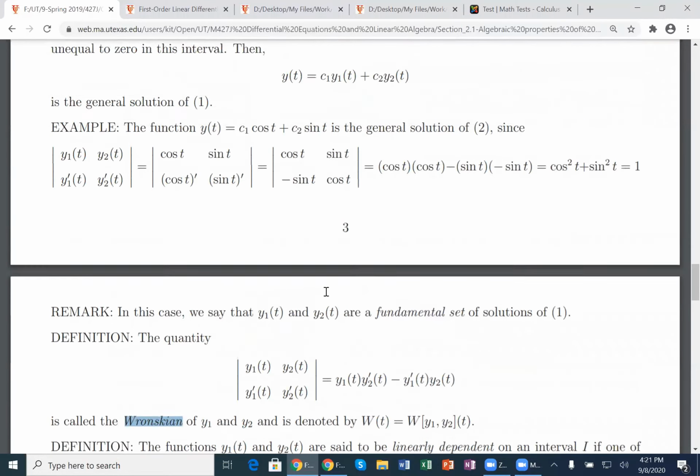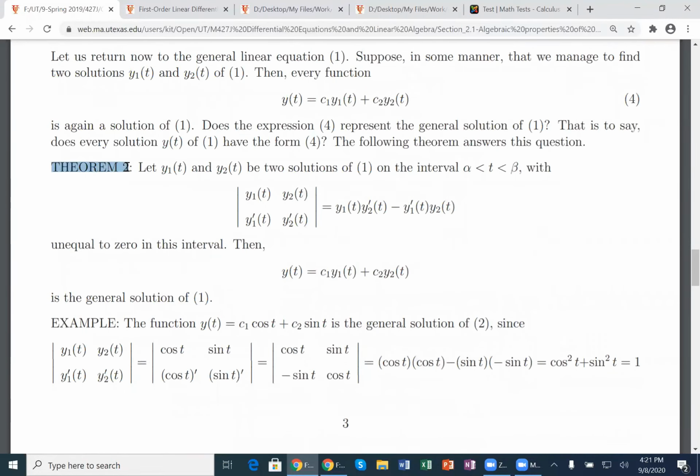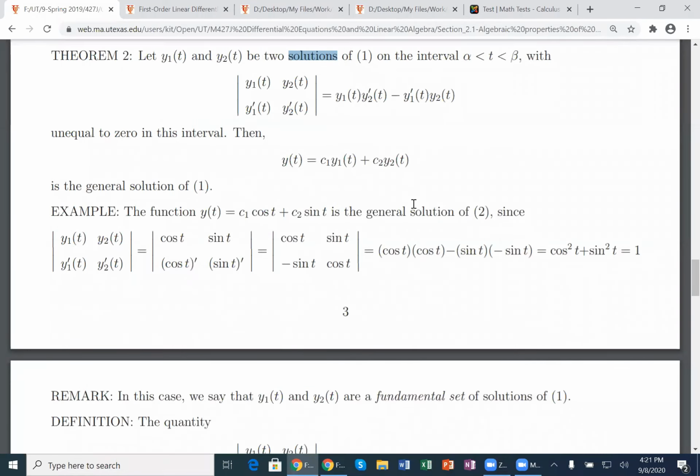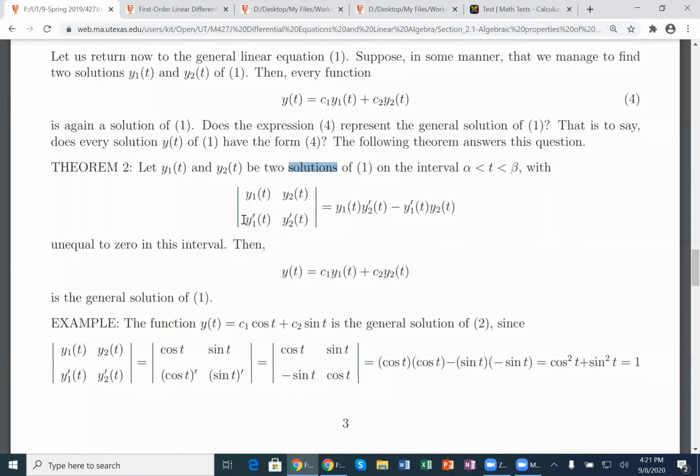With this in mind, we can restate theorem 2 in the following way. If the Wronskian of two functions y1 and y2 that are solutions of our equation is not equal to 0, these two functions form a fundamental set of solutions.